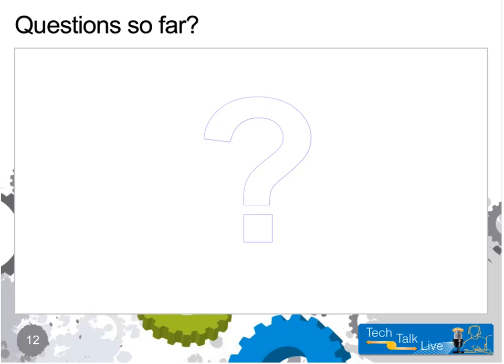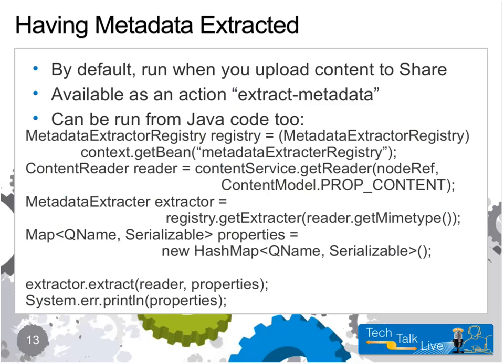Okay, let's look a bit more detail. To get metadata extracted, the most common way that this happens is when people upload content into Share, and it runs off in the background and does the extraction. There is an action available. So sometimes if you're working with content yourself in your own code and you perform some operations on it and you then need to have the metadata extracted, the action's there.